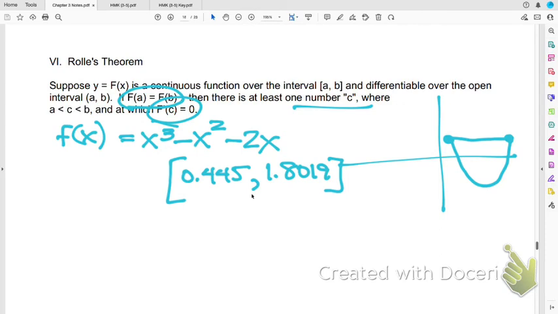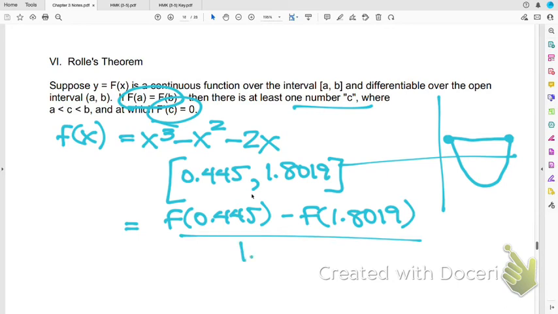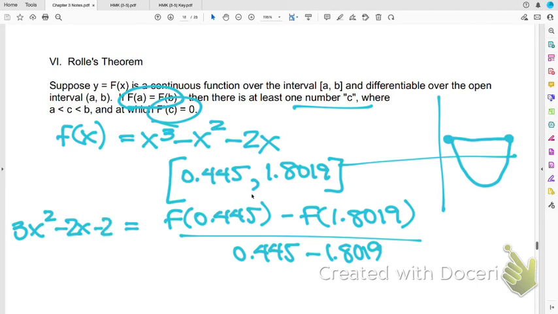We plug in the values: f of 0.445 minus f of 1.8019 over 0.445 minus 1.8019. It doesn't matter that I did it this way, as long as I do it the same on both. Slope doesn't matter as long as you start and end with the same one, right? And that has to be equal to f prime of x, which in this case is 3x squared minus 2x minus 2. Okay?